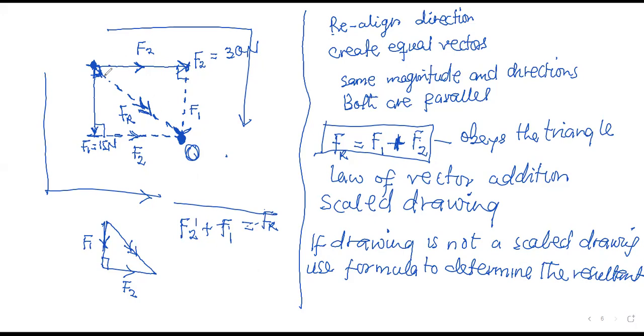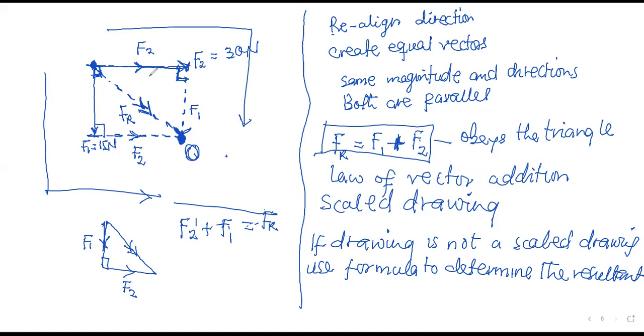You see, by realigning their directions, F2 and then F1, they are perpendicular to each other. So once they are perpendicular to each other, they look like the right angle triangle.